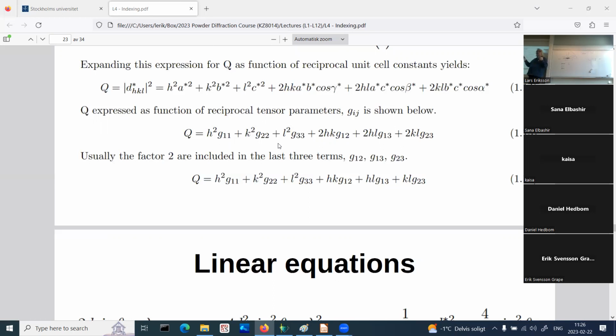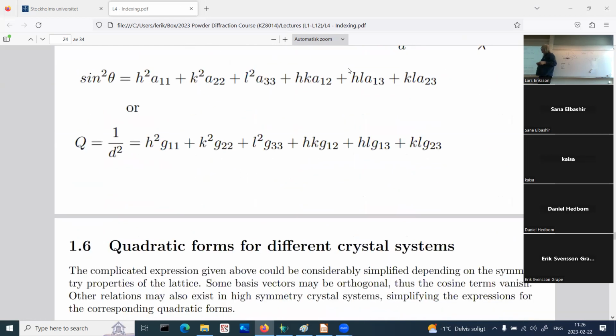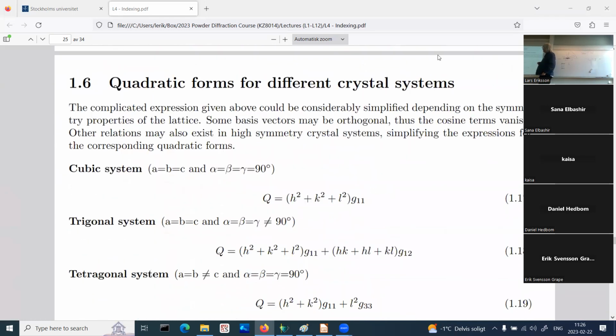Gamma is 90, then gamma star is also 90. So cosine of 90, and you have to remember your trigonometry, that is 0. Those parts disappear. And also A, B, C are equal, so the 11 and 22, 33 are equal. I can simplify the expression very much.